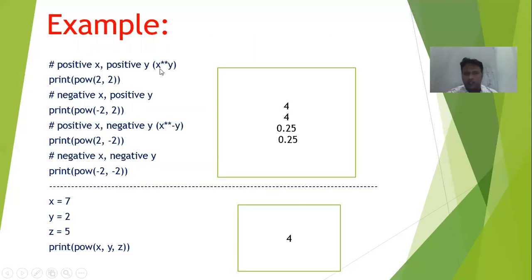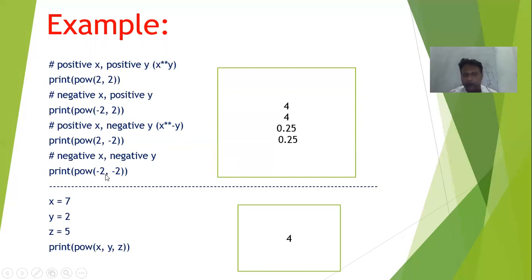If you write x to the power y, 2 to the power 2 is 4. So here power of minus 2 means minus 2 squared is 4. Then x to the power minus y means 1 by x squared. 1 by 2 squared is 1 by 4, which is 0.25.